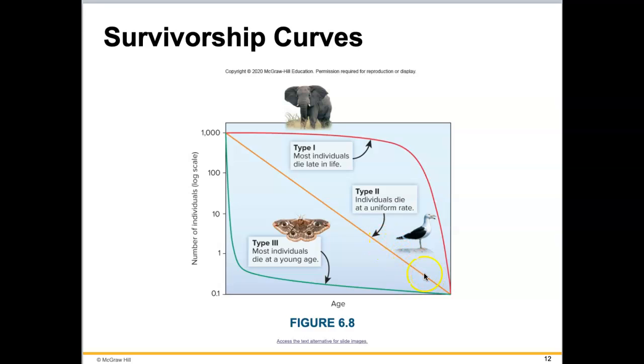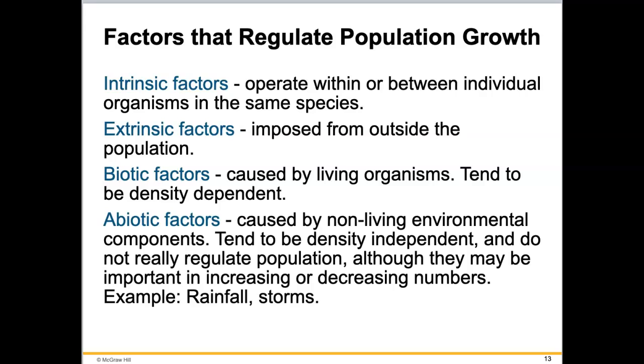So this seagull example is that every year a certain number of seagulls are dying regardless of what their age happens to be. And then the type 3 individuals are going to have a high mortality as youth, and very few live to be adults to reproduce. These become all very important factors for us as we look at population dynamics.